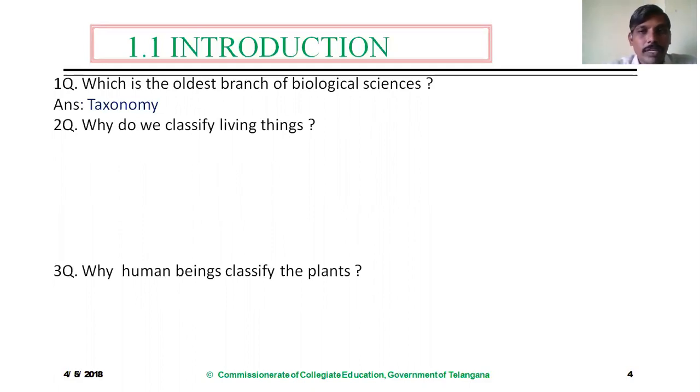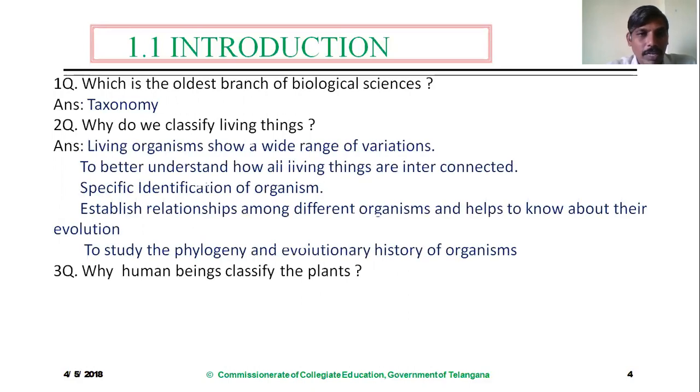Why do we classify living things? What is the purpose of classification of living things? Living organisms show a wide range of variations with respect to shape, habitat, life cycle, structure, usage, and other parameters also.